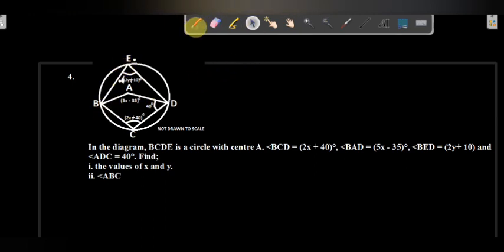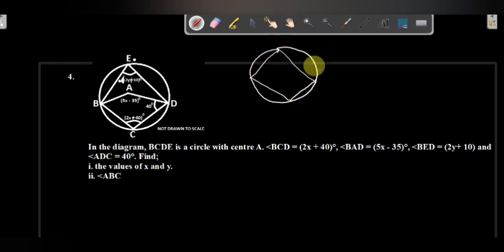So let me explain some terms here. If I have a circle and I have a quadrilateral inserted in such a way that all the points of the quadrilateral touch the circumference, this is a cyclic quadrilateral. Now let's assume I draw this through the center O of the circle.